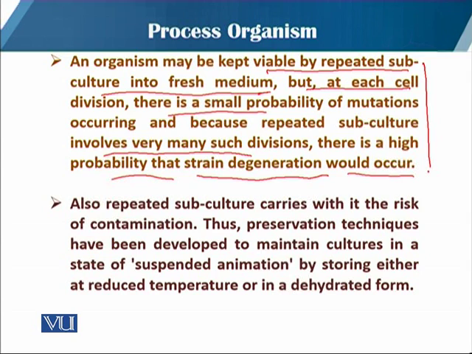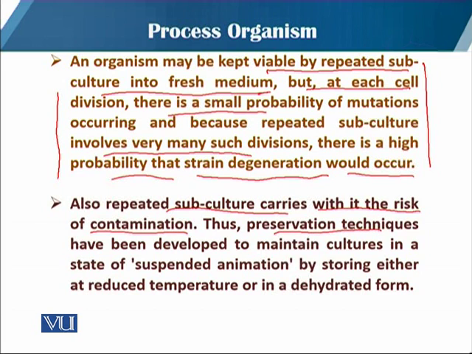As a result of the crossing over, there is a mutation, which we call spontaneous mutation. As a result of those natural mutations, there is a chance of losing that potential. Also, repeated subcultures carry the risk of contamination.